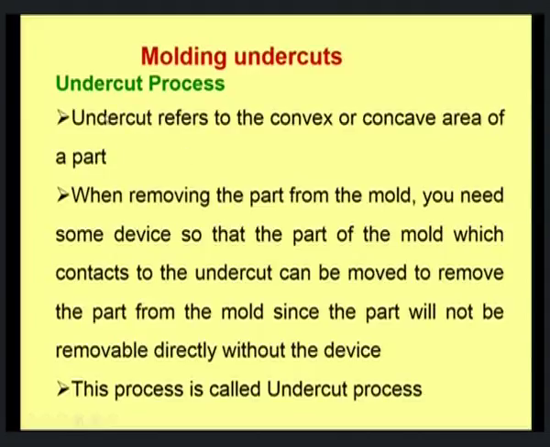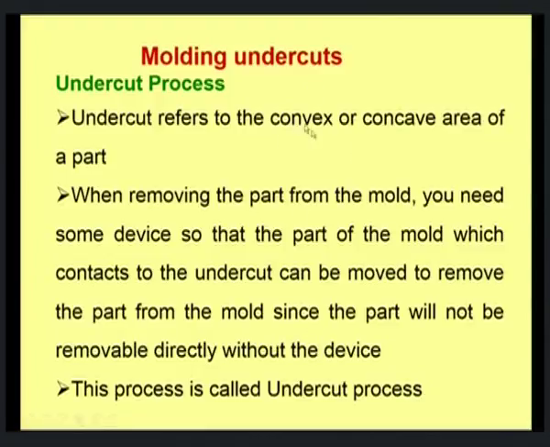That means one has to adopt a method suitable for preparing such a part. When removing the part from the mold, you need some device so that the part of the mold which contacts the undercut can be moved to remove the part, since the part will not be removed directly without the device. If it is of a square or rectangular dimension, it is going to shrink out, and as a result it can be easily ejected out.